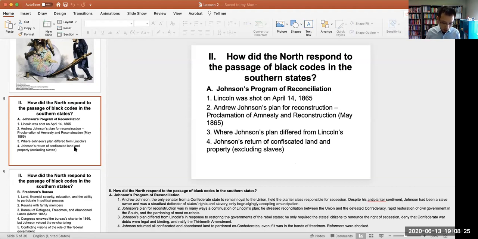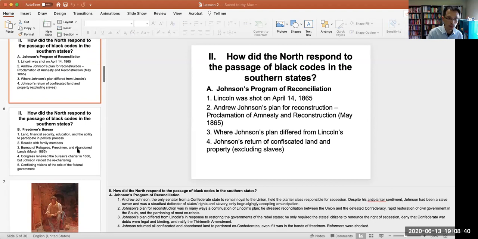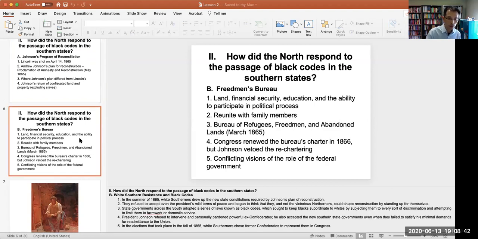So you should also be able to talk about the effort made by Congress in 1865 and 1866 to realize its vision of Reconstruction. Okay, so of course the Freedmen's Bureau was a very important part of it.